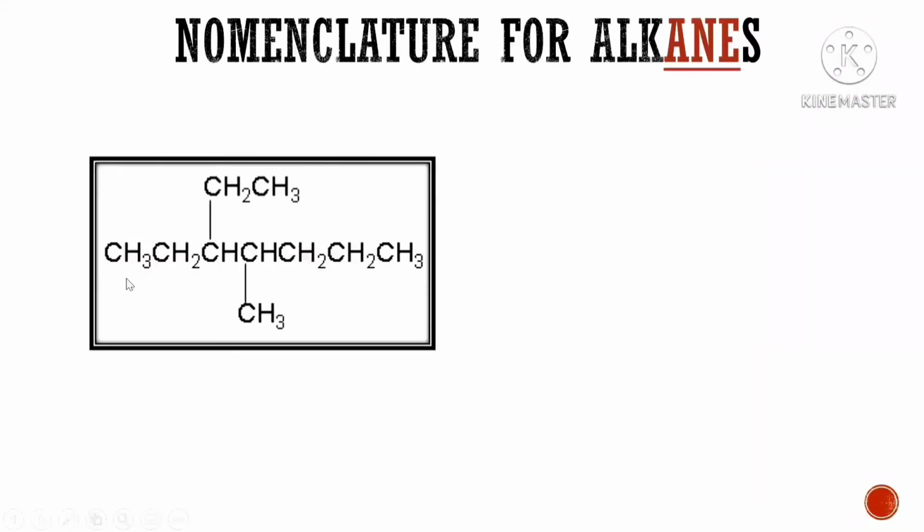Let us proceed with these examples. For this molecule, this is the parent chain. So we count the number of atoms in the parent chain and number it in such a way to give the lowest possible number for the substituents. For this case, we number it from the left so that the substituents are attached to carbon number 3 and 4.